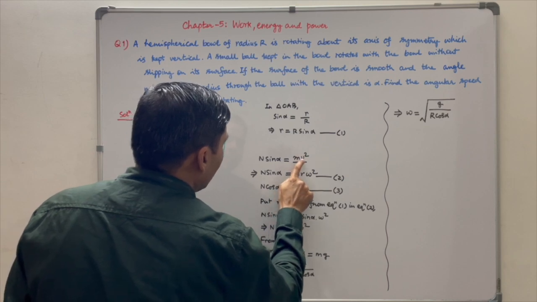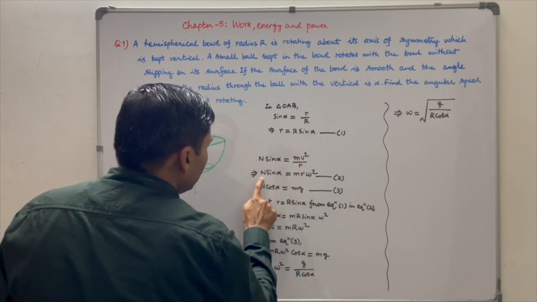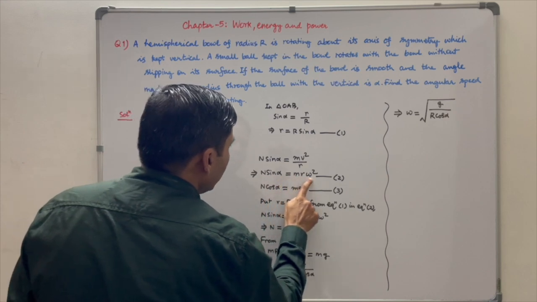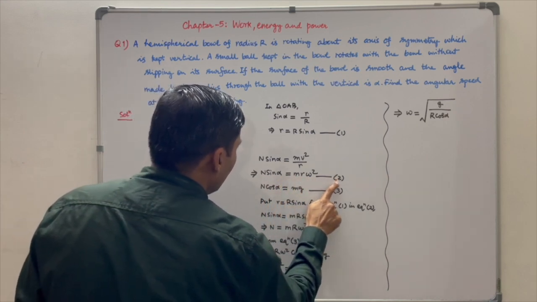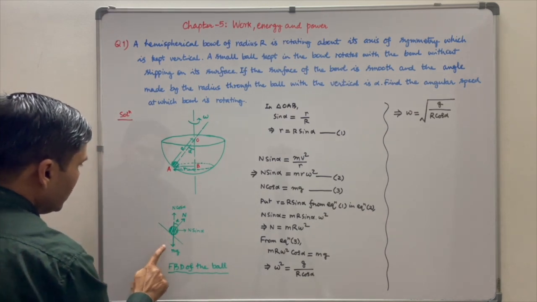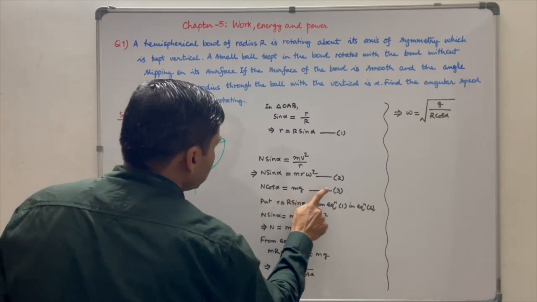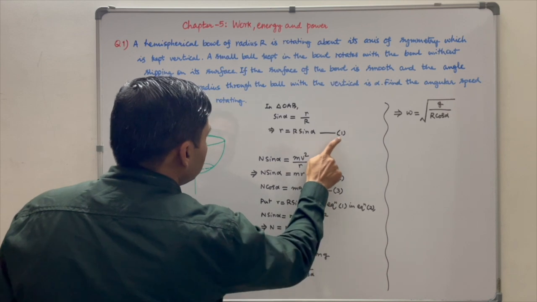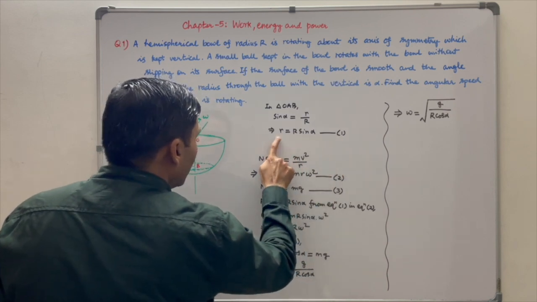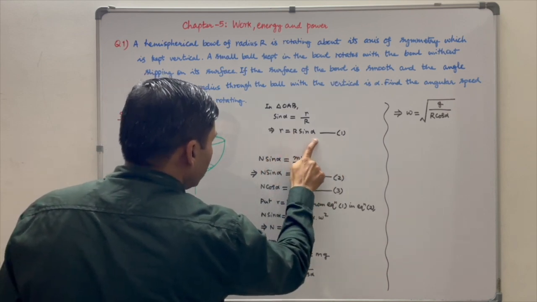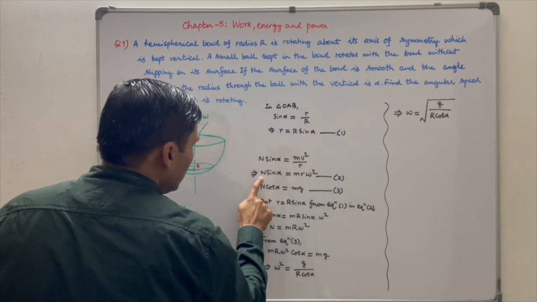Put v is equal to r omega. So N sin alpha is equal to mr omega square. This is equation number 2. And N cos alpha is equal to mg. This is equation number 3. From equation number 1, put small r is equal to capital R sin alpha in equation number 2.